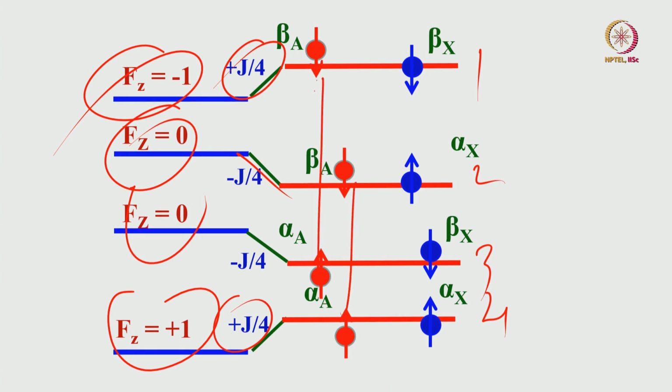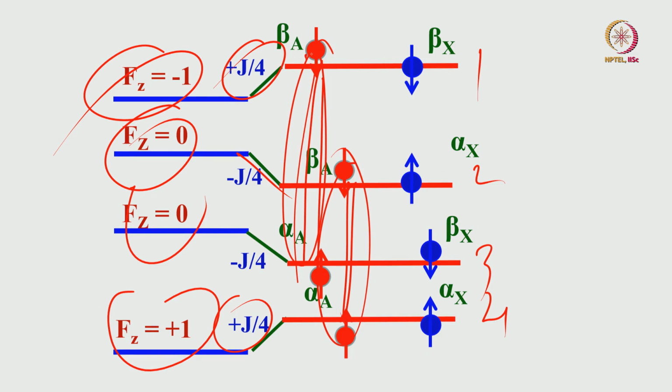This separation is larger because delta E is larger compared to this. That means they are not of identical frequencies. In the previous example, when they were uncoupled, frequencies were the same, but here the frequencies are different. One has a larger frequency, the other a smaller frequency, because one is pushed up by J by 4, the other pushed down by J by 4.